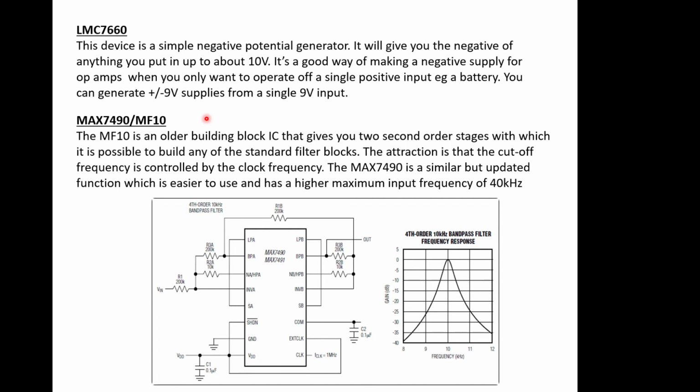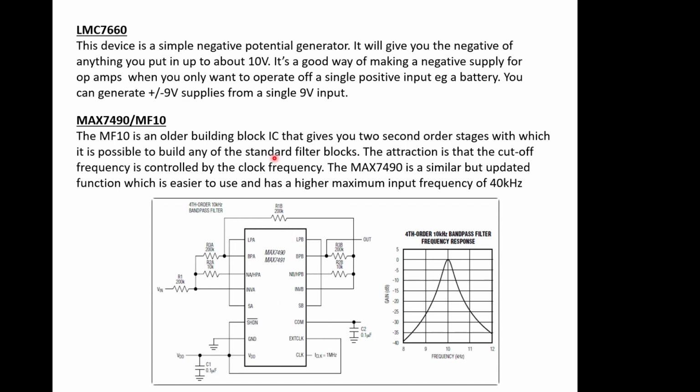And then people have actually made life really easy by making blocks of switches that give you second order stages in a system, so you can actually build filters really easily, like the Tow-Thomas. So it's all in here, and all we do is control the cutoff frequency by changing the clock frequency that's driving into this chip here.